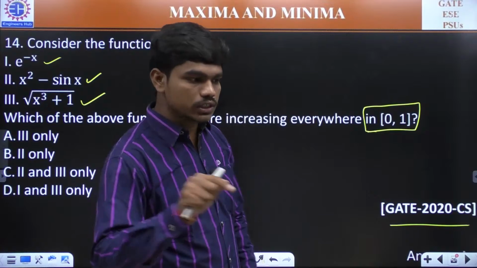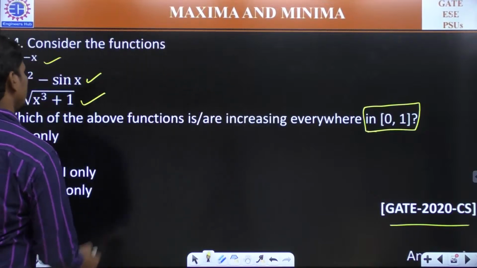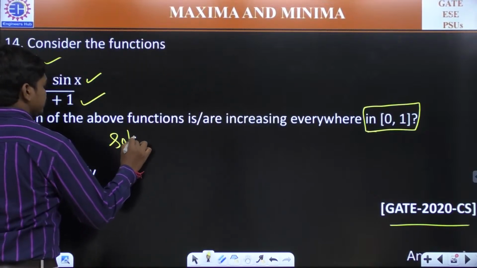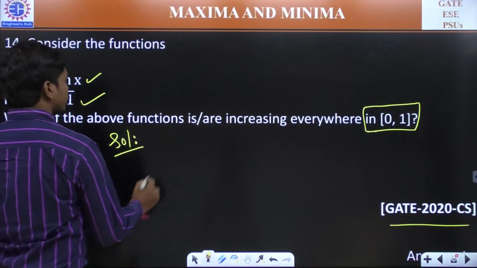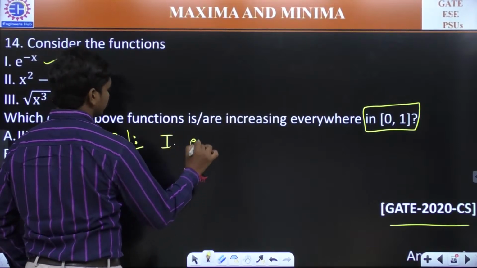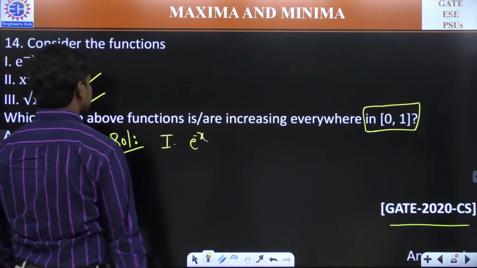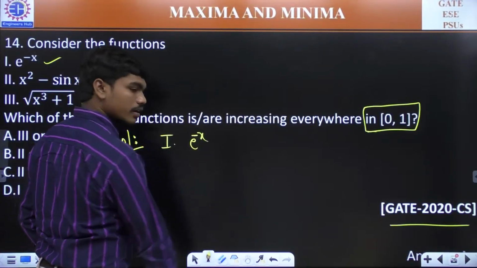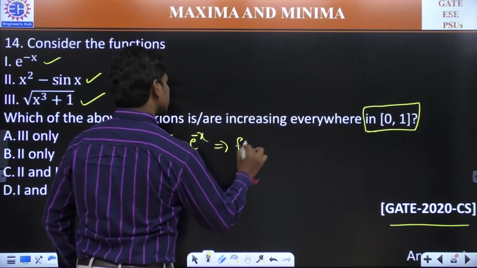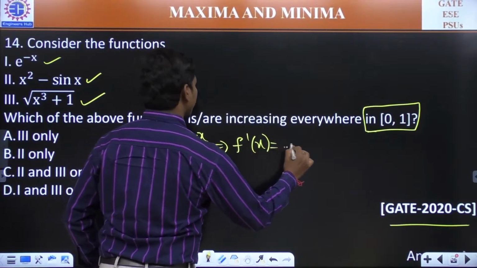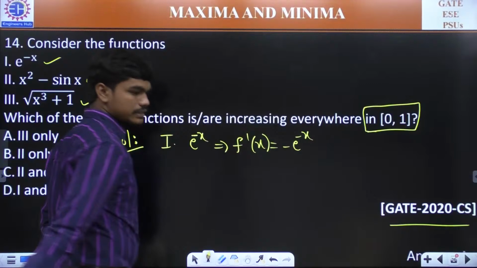Okay, so let me solve this question now. Solution. See carefully. Okay, let us check. Let us consider the first function. What is this first function? E power minus x. Correct? What does this imply? F dash of x is equal to minus e power minus x. Correct?